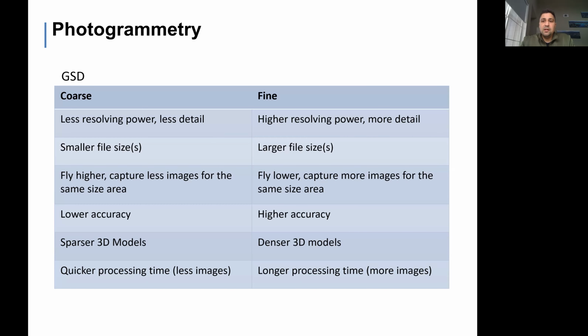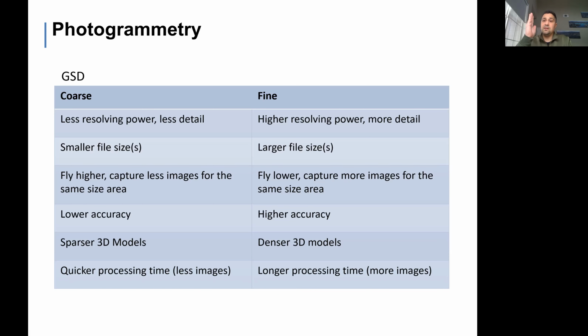Now, as we compare GSDs to each other, coarse versus fine. With coarse, we've got less resolving power and less detail, right? Versus high and more. With the coarse, you've got smaller file sizes compared to larger file sizes. The larger file size with a fine GSD exists because there's exponentially more pixels, okay?